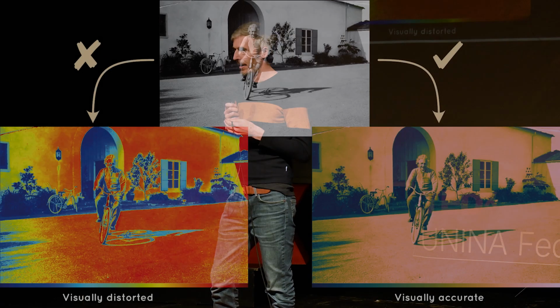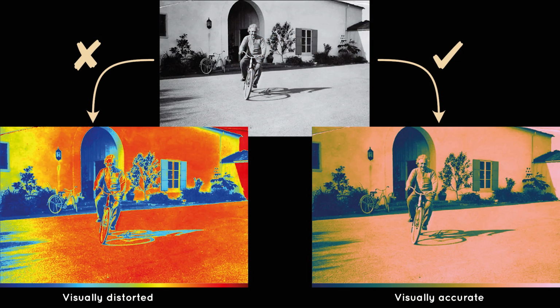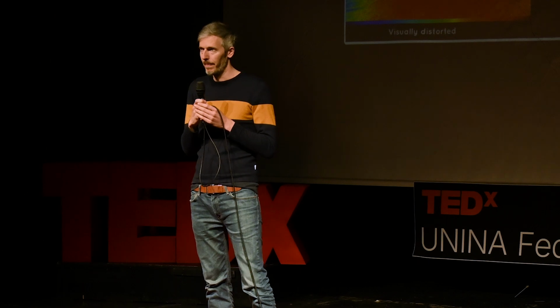So to visualize that and kind of clarify, you can take some data set of which you know how it looks like in advance. For example, a picture of Einstein, we know how it looks like, so we just use the lightness values and we recolor them based on a bad color scale on the left-hand side and a good color scale on the right-hand side.